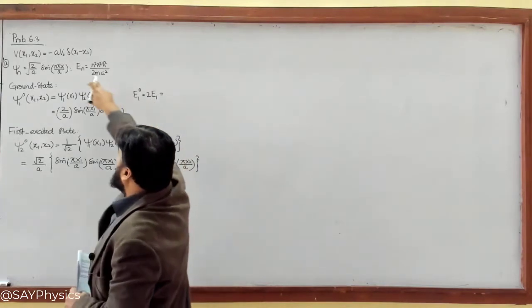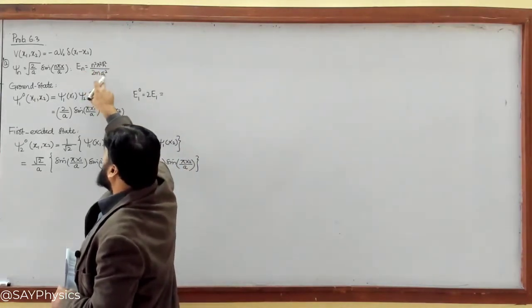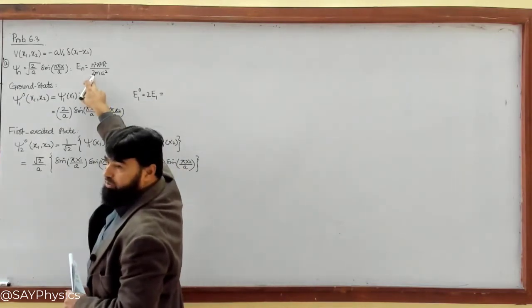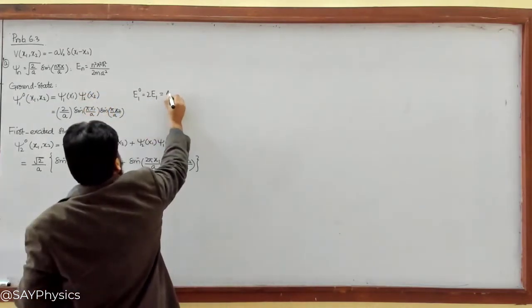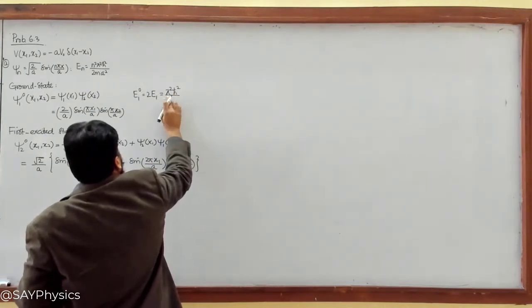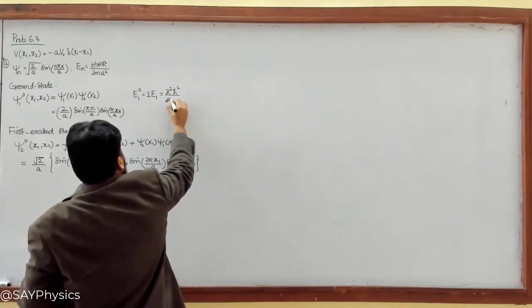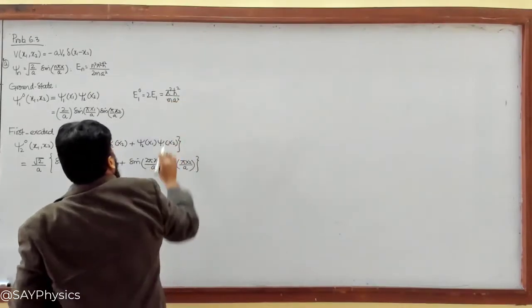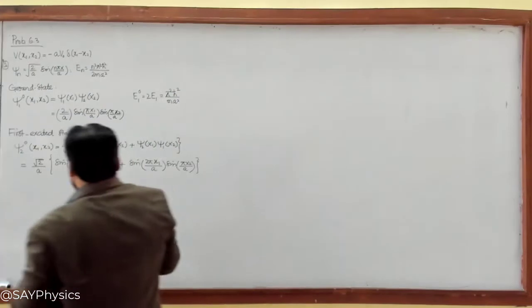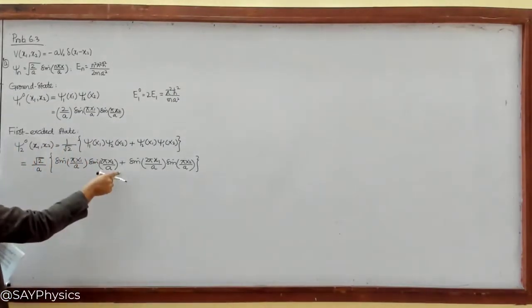I have already written E1 as pi square h bar square over 2ma square. So when 2 is multiplied, the 2 will cancel, and I can write that this is pi square h bar square over ma square.